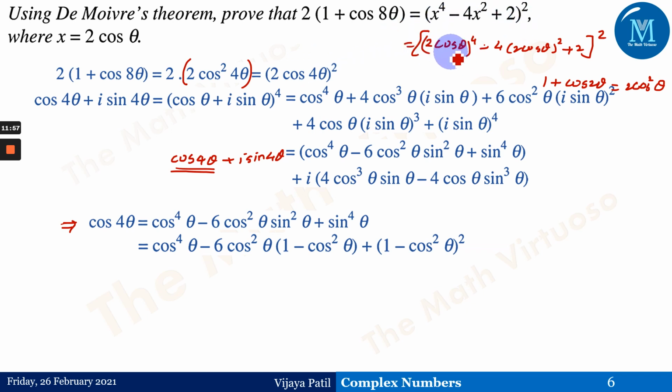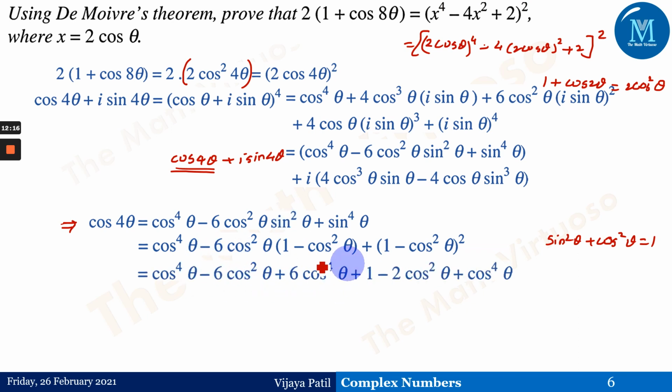So every sine will be replaced with cos, using the same identity: sine square theta plus cos square theta equals 1. After multiplication and simplification, you are going to get 8 cos to the power 4 theta minus 8 cos square theta plus 1.